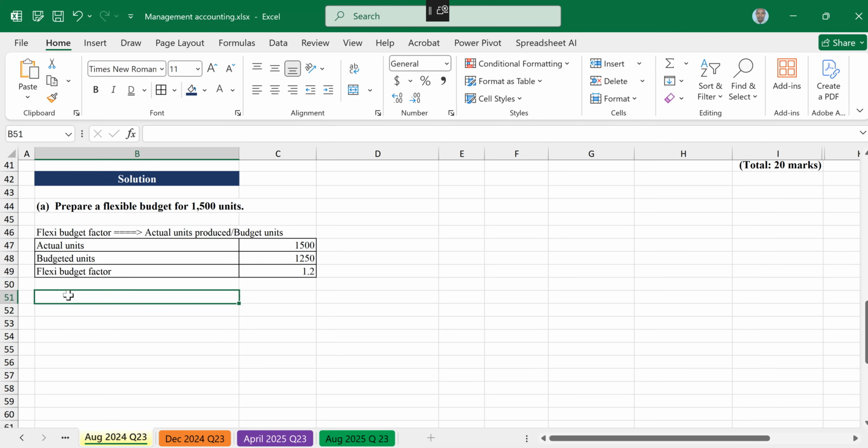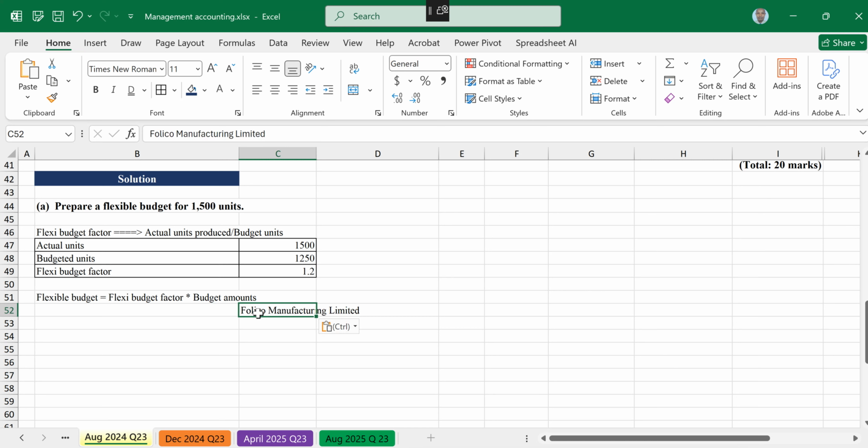We can proceed and say now flexible budget is equal to flexi budget factor times the budgeted amounts.